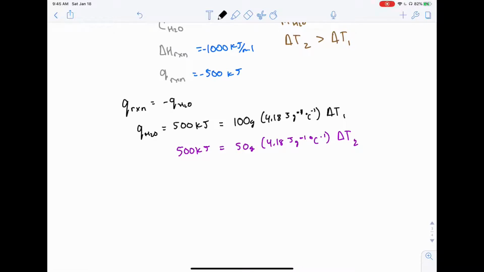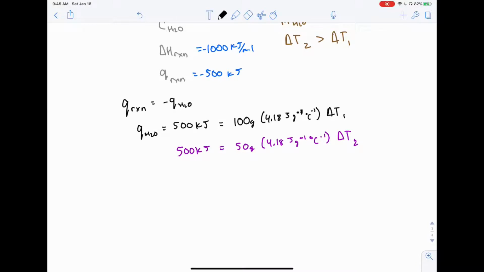While this shows the correct relationship, if you plug this in and solve for delta T, you're going to get it wrong. What is the one thing y'all never pay attention to? Nope. Units. What's wrong with your units here? It's kilojoules and joules. This is why you write units out.